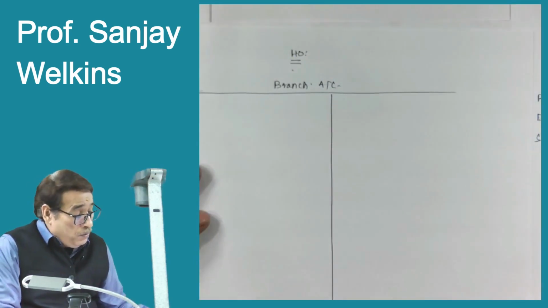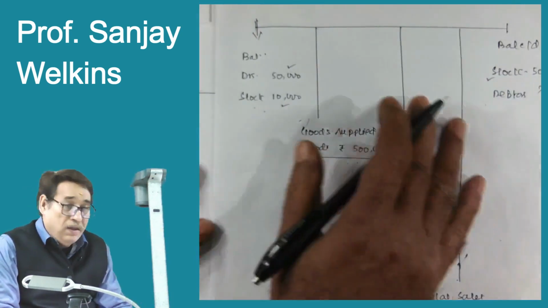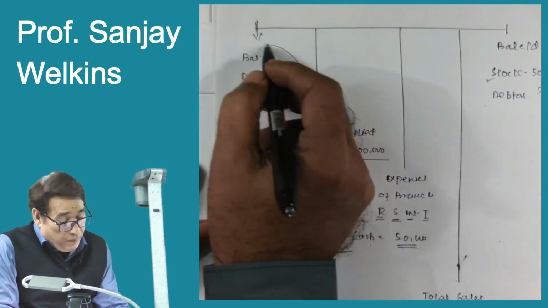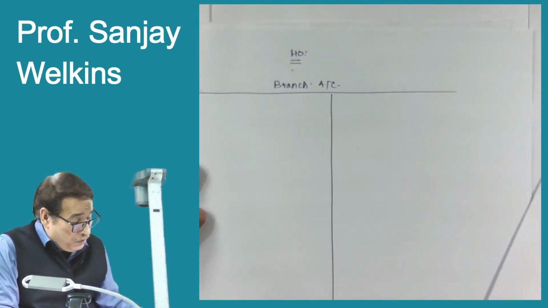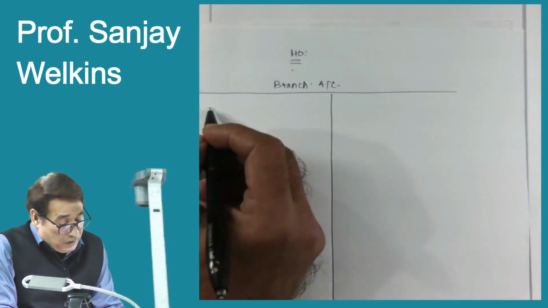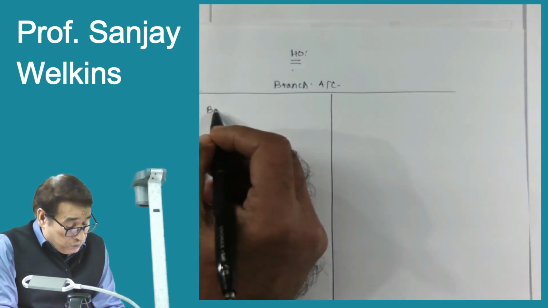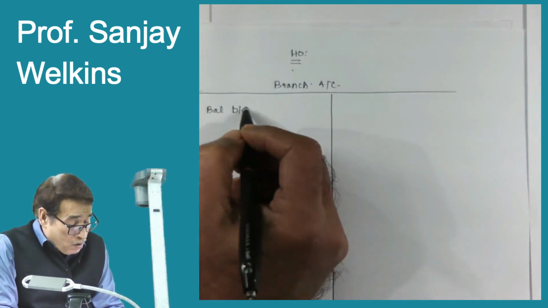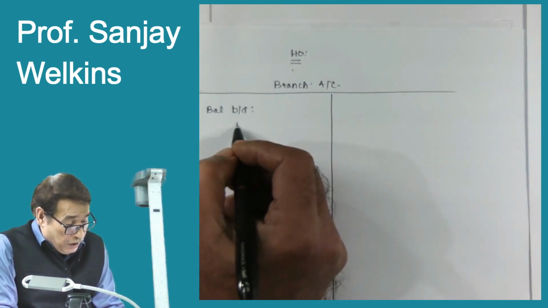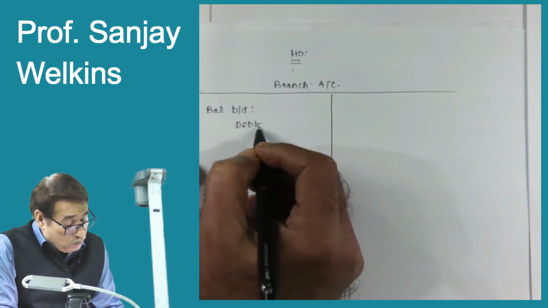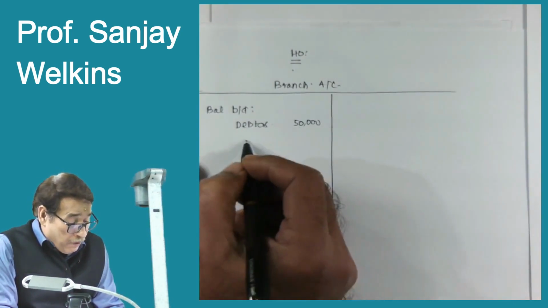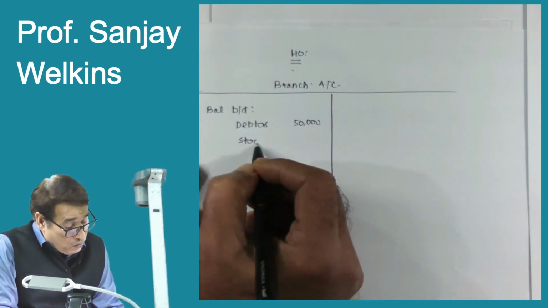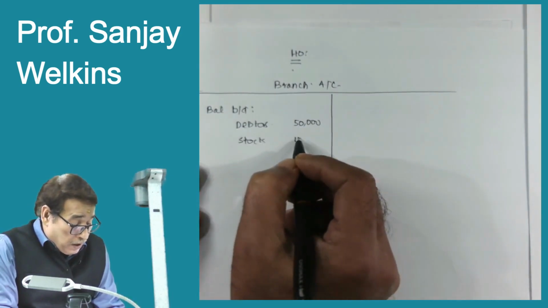As I told you, these are the transactions. Opening balances, we are going to write towards the debit side of the branch account. Opening balances, balance brought down. Debtors, that is 50,000. And we have stock worth rupees 10,000.